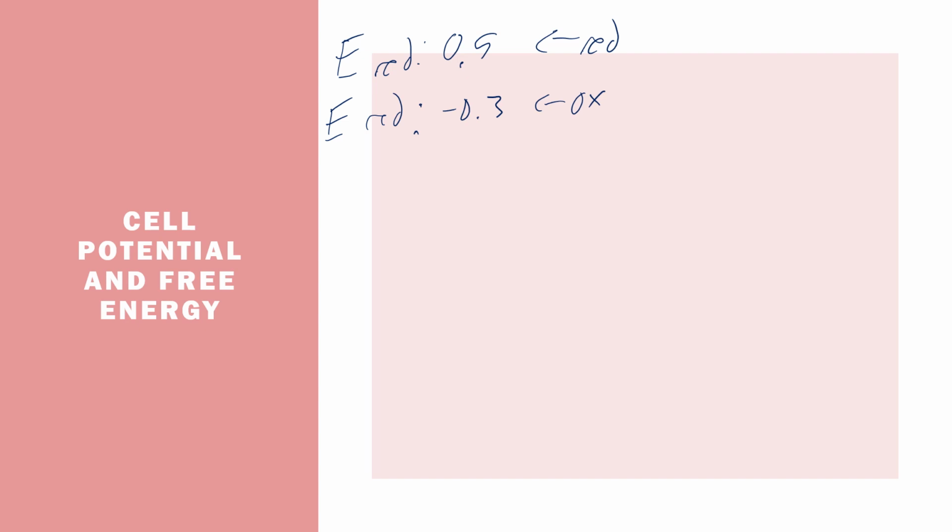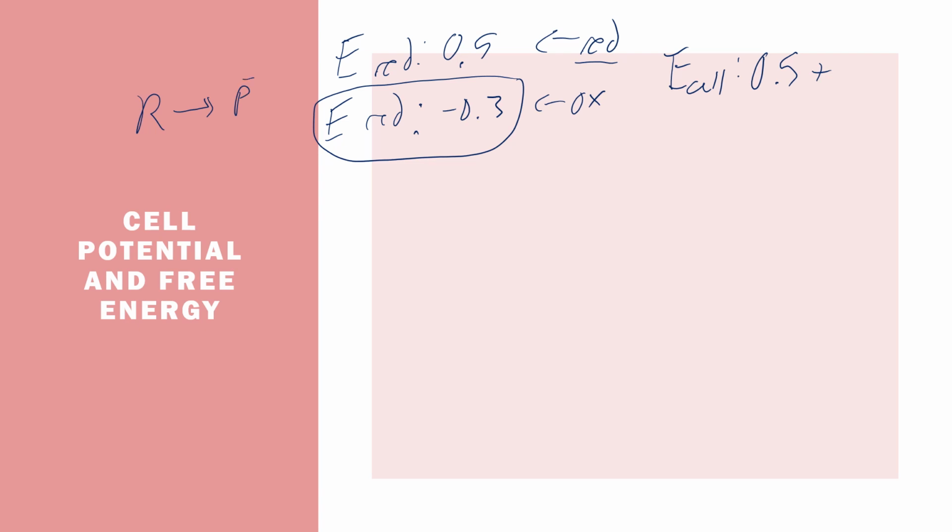So to calculate the overall cell potential, you will take the reduction potential for the reduction half reaction, which is 0.5 in this case. And then you're going to add the reduction potential for the other cell, but you have to flip the sign because the reaction is going to flip. So from reactants to products, you're going to flip that around, products to reactants.